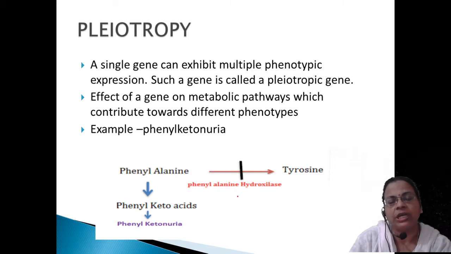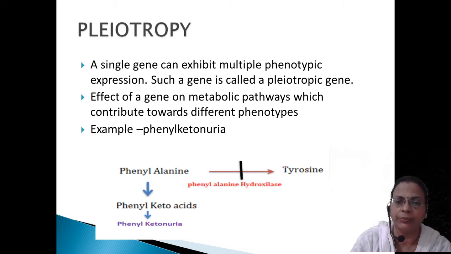If capital P is there, the right amount of enzyme will be produced, and as a result phenylalanine will be completely converted into tyrosine. Accordingly it will be utilized either for the production of thyroid hormone, which controls metabolic rate, or for the production of melanin, which is required for proper skin coloration.